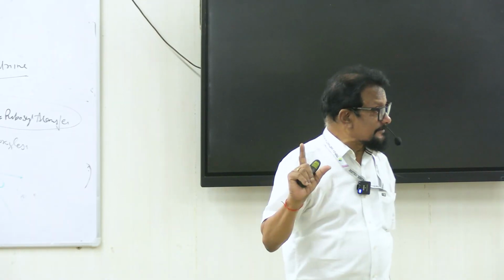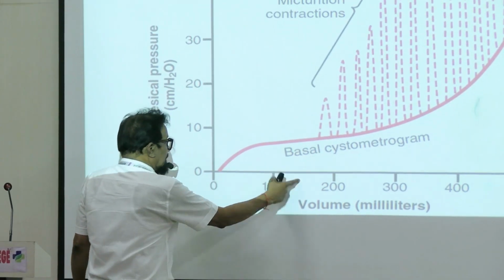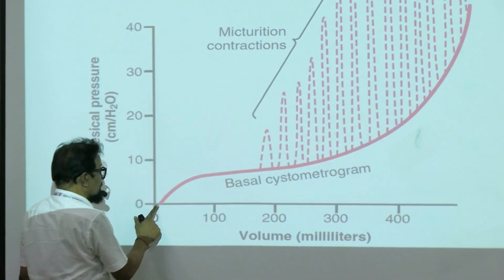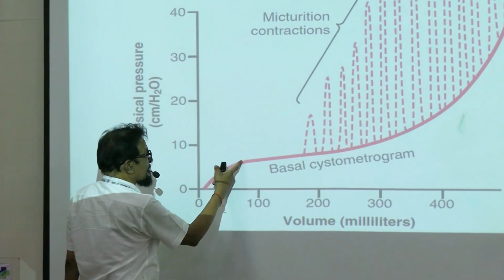There are three phases. This is the first phase. In the first phase, volume was 0, pressure was 0. Then you started increasing the volume, pressure is also rising.